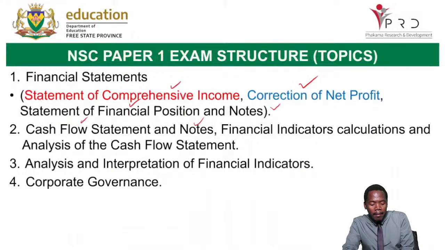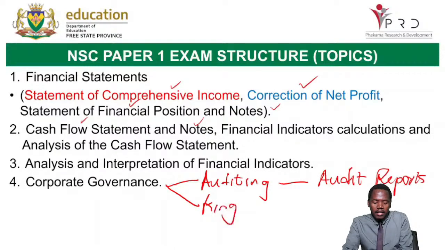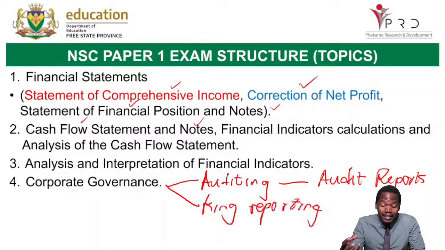corporate governance. Remember, under corporate governance, some of the topics we may talk about, these are the auditing topics, where we are going to be looking at the different audit reports. And then we can also expect to see the King Code reporting, as well as other topics or subtopics under corporate governance.